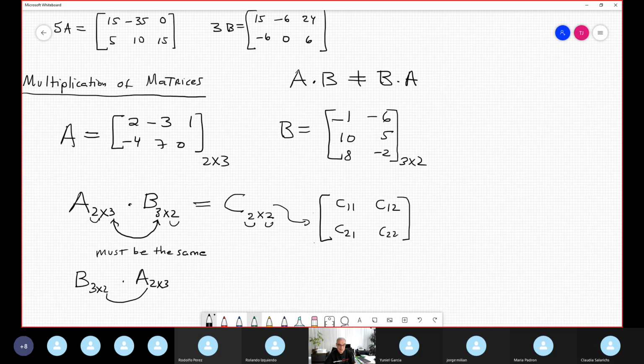How do you determine C11? This guy. You multiply row 1 and column 1. How?